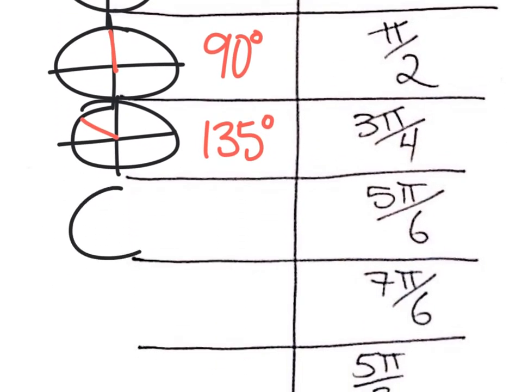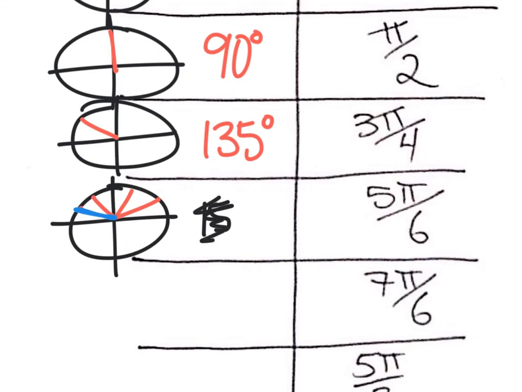5 pi over 6. So we're breaking that top section into sixths like that. So 5 pi over 6, that would be this angle, and that is 150 degrees. 7 pi over 6, so a little more, let's see.